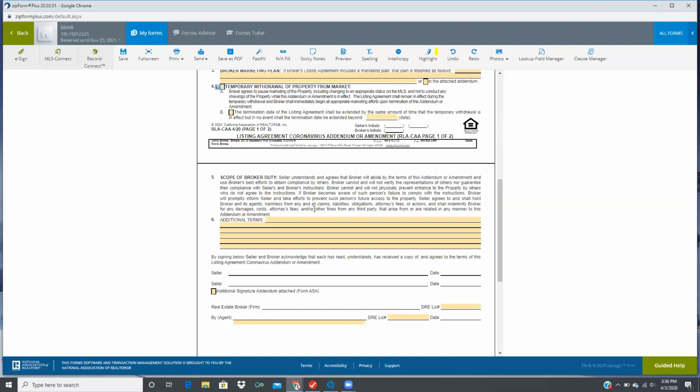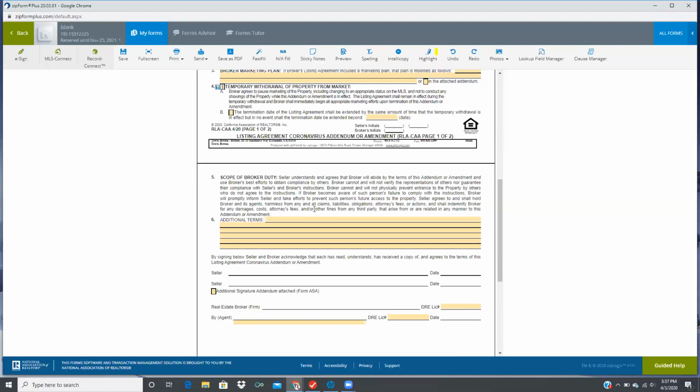Broker cannot and will not physically prevent entrance to the property by others who do not agree to the instructions. So we're stating that we're going to do our best here, but you'll see further on, there's basically a release of liability. It says if broker becomes aware of such person's failure to comply with instructions, broker will promptly inform seller and take efforts to prevent such person's future access to the property.